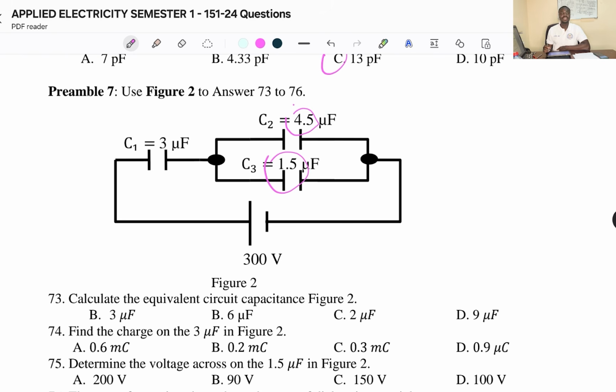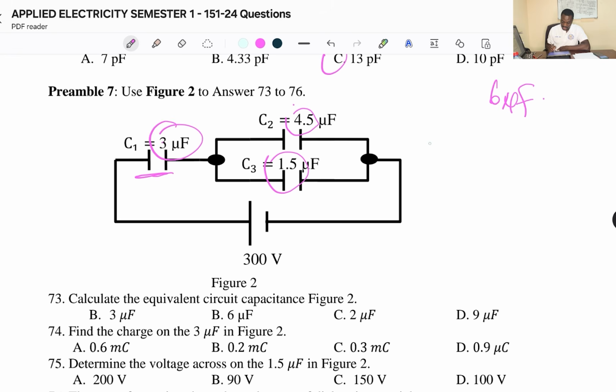They are in parallel, so we can just do the sum. 4.5 plus 1.5, that will be 6 microfarad. After that, you see that it's in series with 3 microfarad.